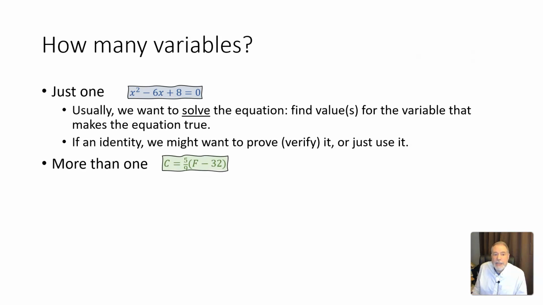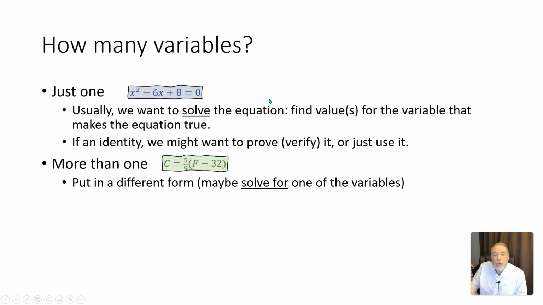If an equation has more than one variable, like this one that has C and F, we might want to put it in a different form, rearrange it somehow, maybe get it solved for one of the variables.